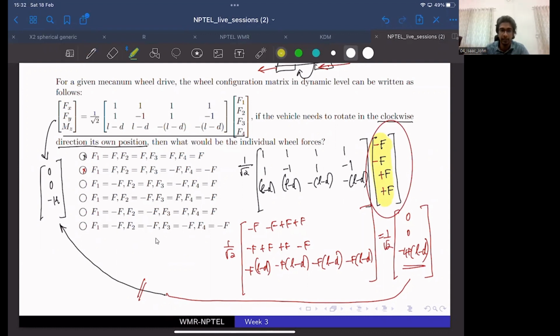I think option E, right? So I hope we can all agree that option E is correct.